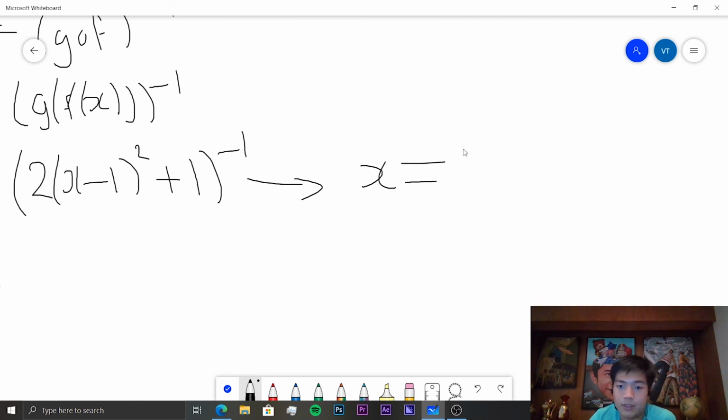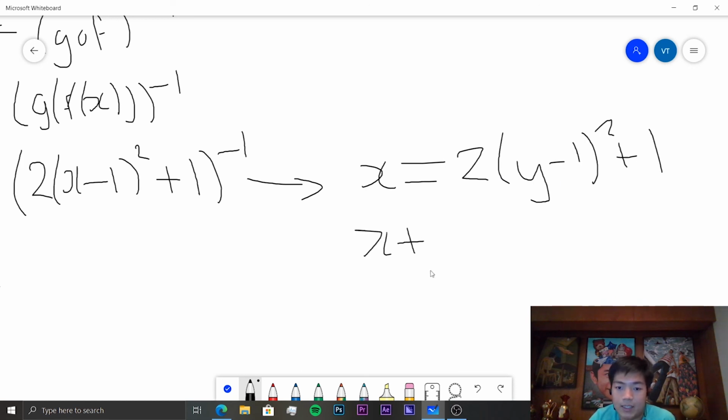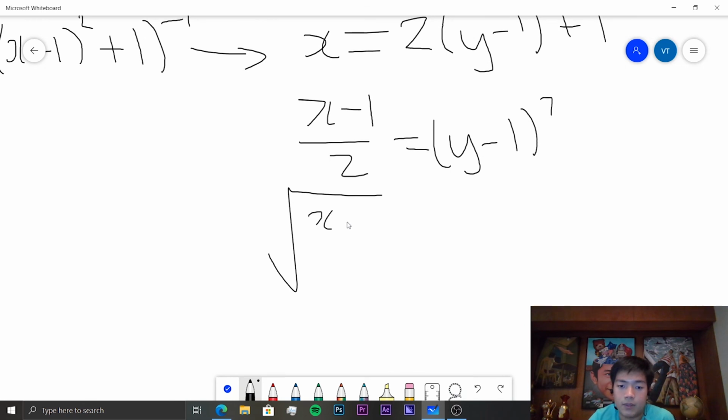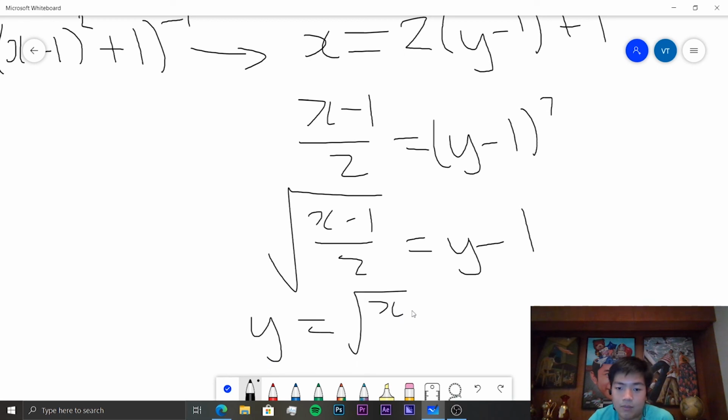So x is equal to 2 times y minus 1 squared plus 1. x minus 1, sorry, minus 1 over 2 is equal to y minus 1 squared. And so square root of x minus 1 over 2 is equal to y minus 1. So y is equal to the square root of x minus 1 over 2 plus 1.